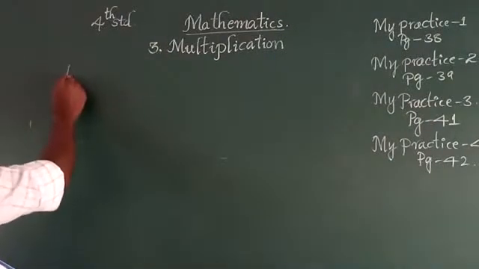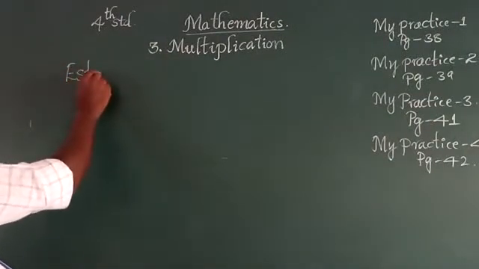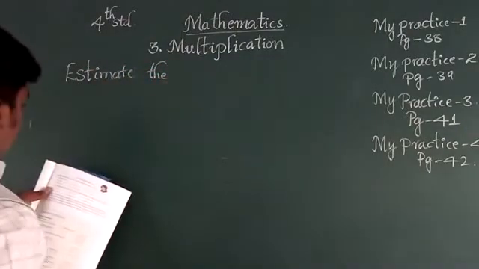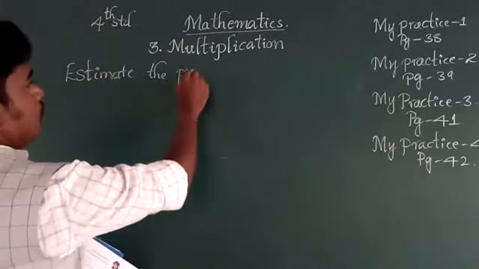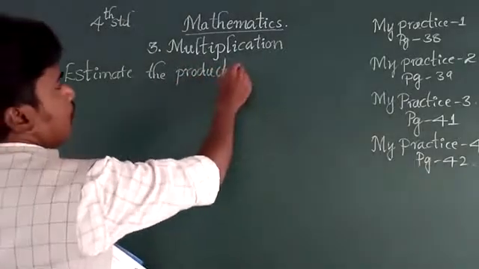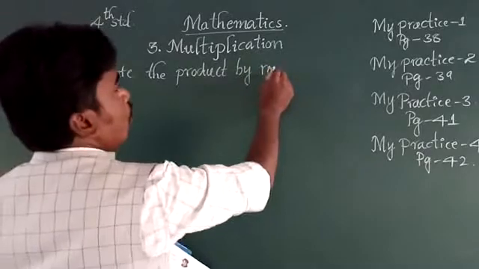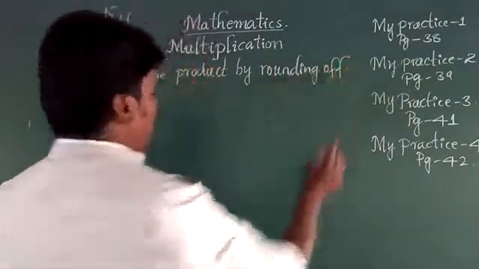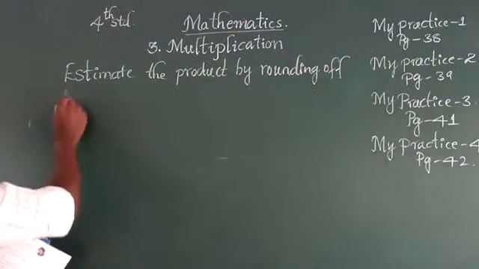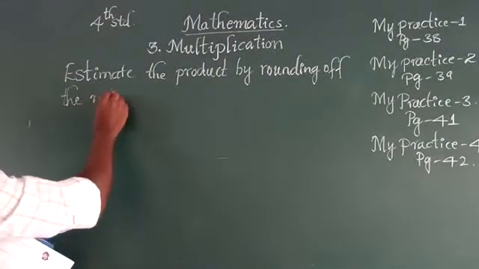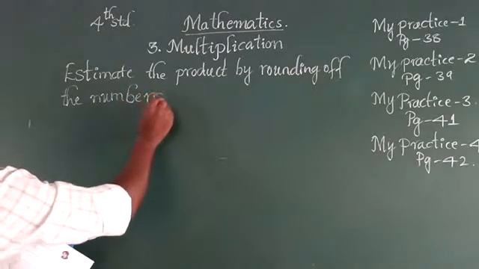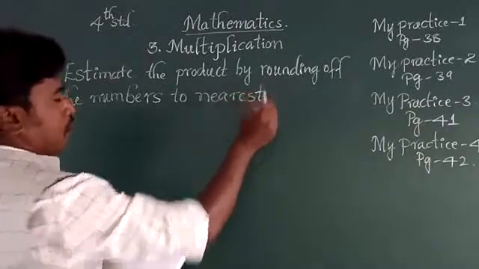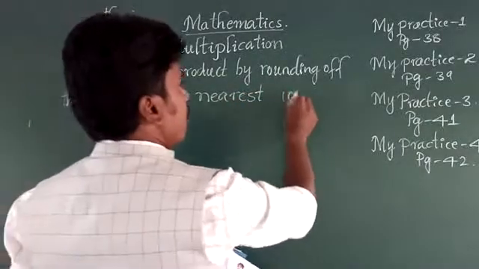Estimate the product by rounding off the numbers to nearest tens.